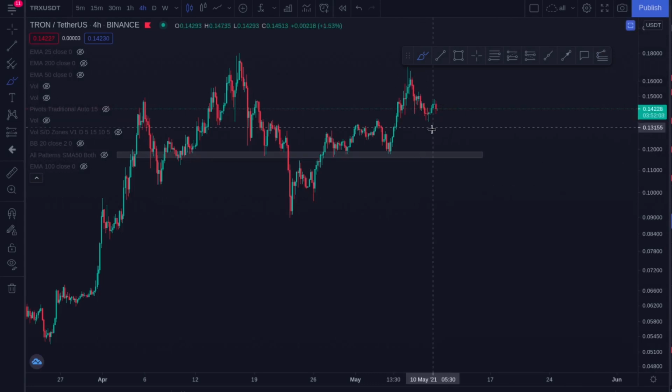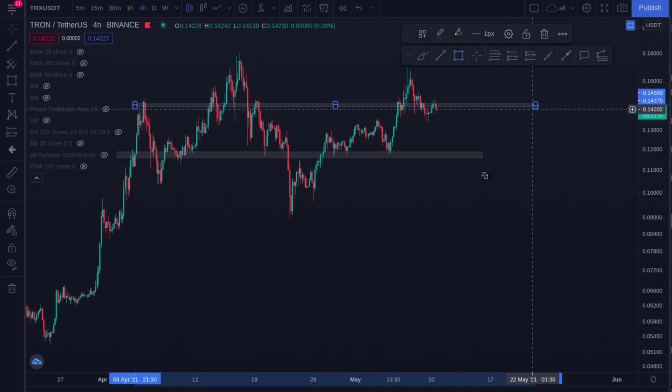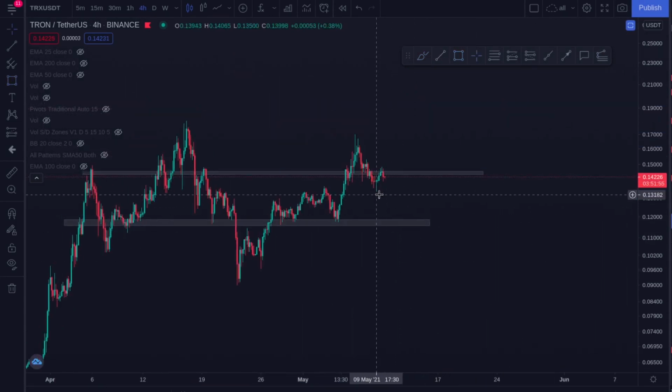So next we have TRX. TRX zones are these. Currently it's hitting a resistance, so if we don't break this and hold, we can fall to these local supports of 0.13, and there is this major support of 0.11. 0.13 is a kind of minor support, so not expecting much action over here.